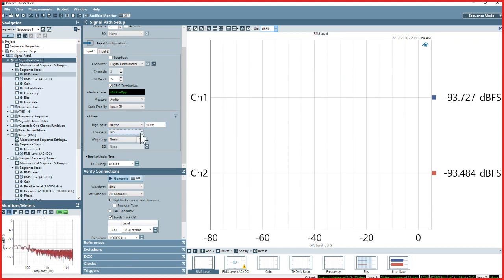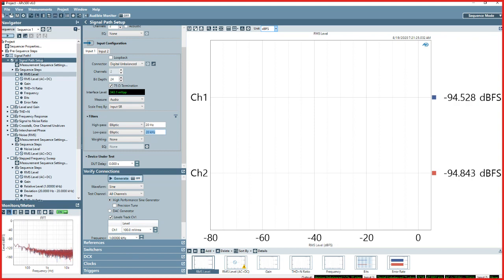And if I want a low pass filter, now essentially with any digital input, there's going to be a low pass filter at Nyquist, so FS, or the sample rate divided by 2. I could again also select, I want a 20 kilohertz low pass filter. It's not essential to make a filter selection in signal path setup.